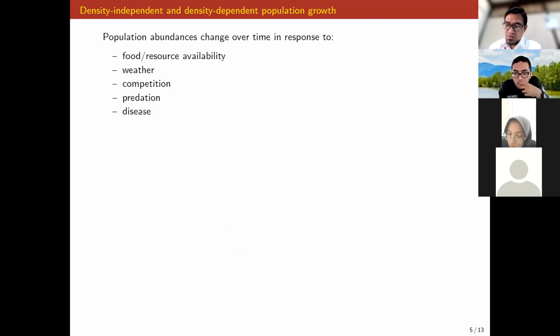If some species lack food in an interval of time, of course it will decrease its population. Or weather: if the weather is not in good condition, maybe some species cannot survive, for example.